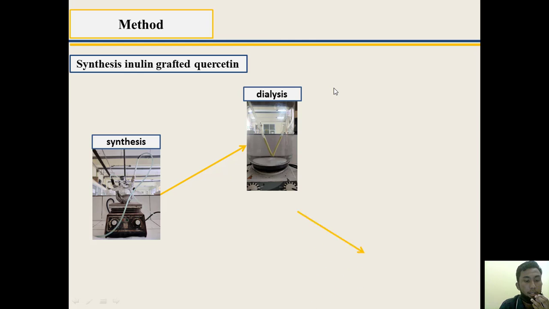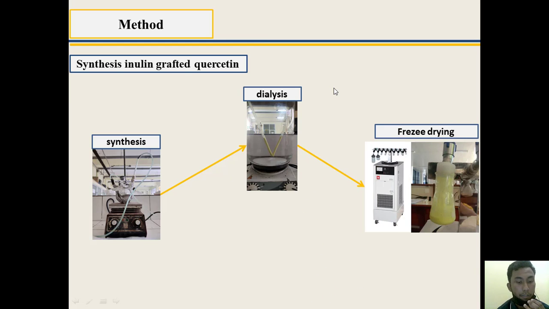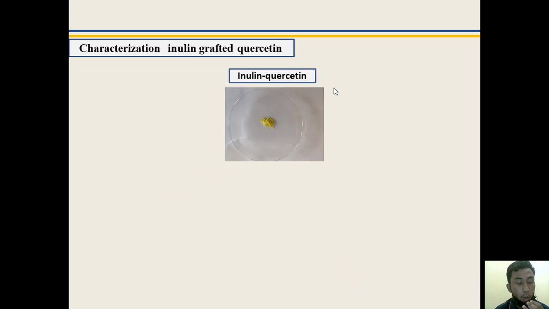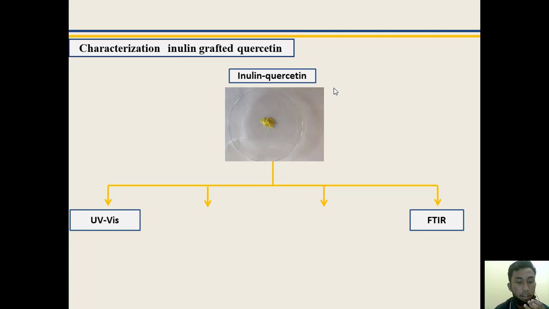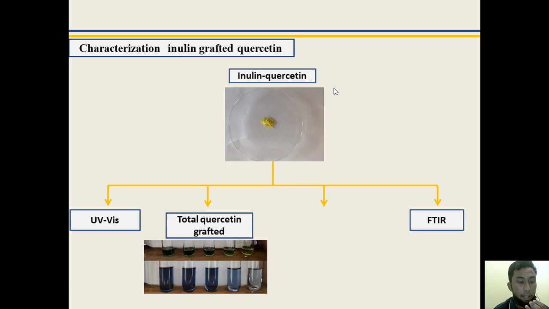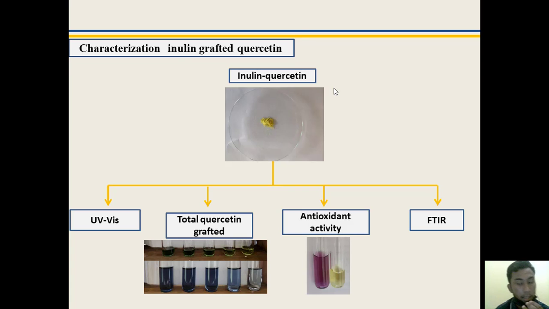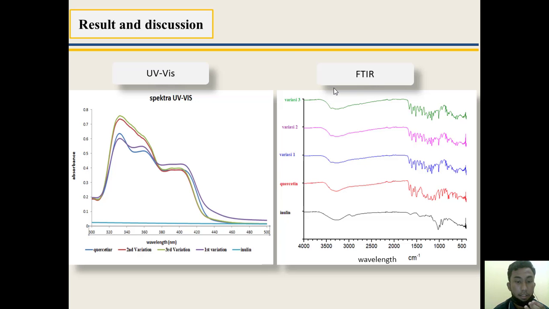The dialysis results were freeze dried using a freeze dryer to get quercetin grafted inulin. Quercetin grafted inulin was then characterized using UV-Vis, Fourier transform infrared, and determination of the grafting ratio and antioxidant activity.